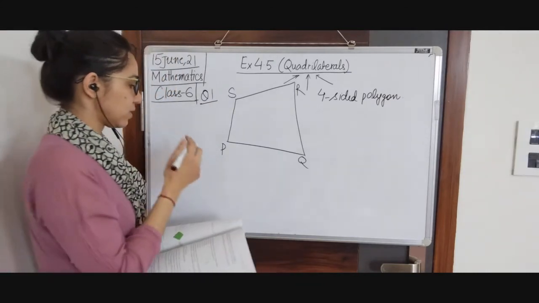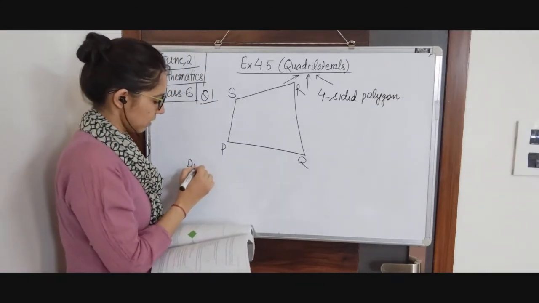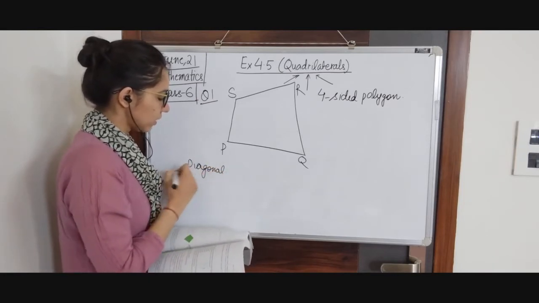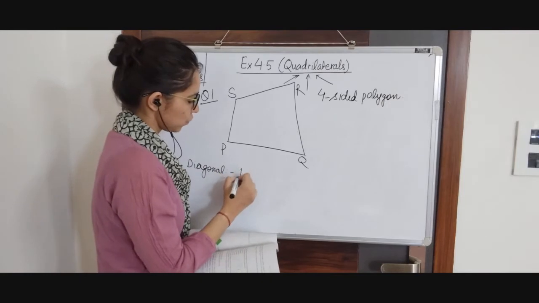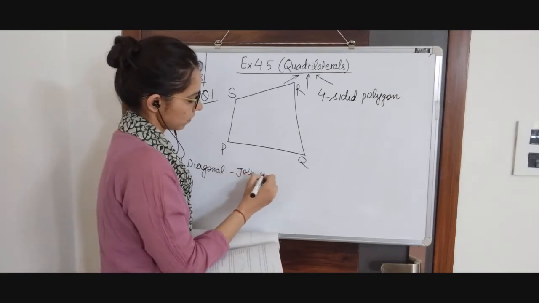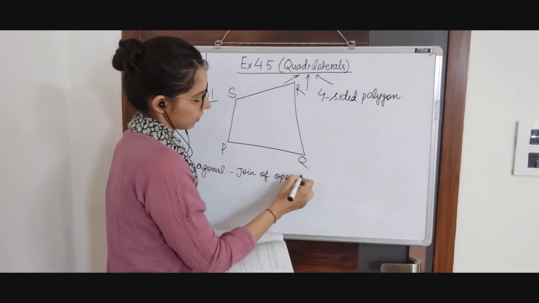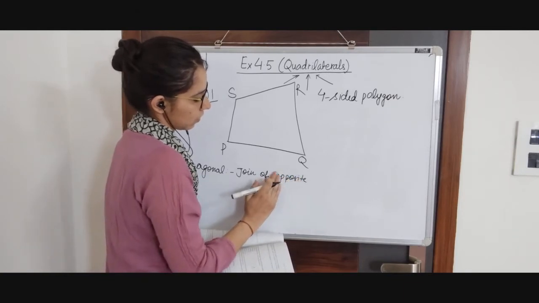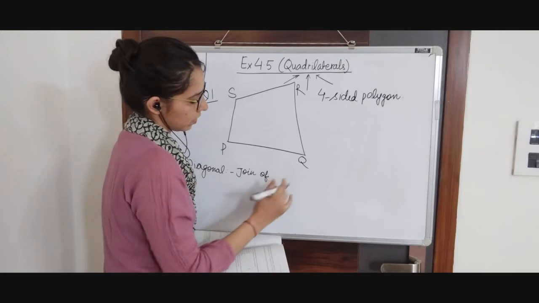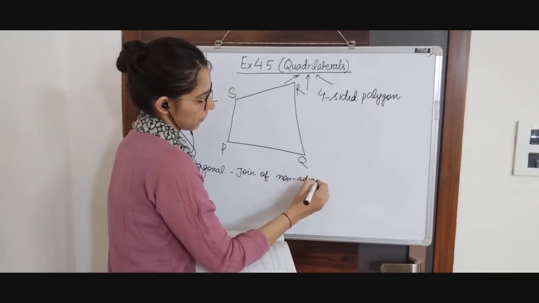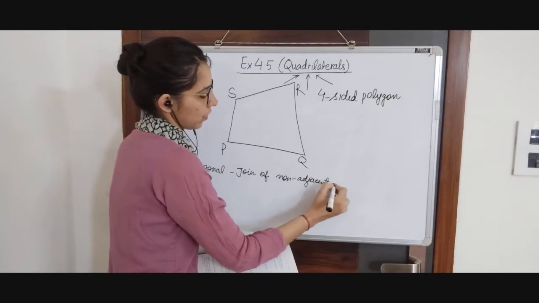Draw its diagonals. As we discussed at the end of previous class, the diagonals are the join of opposite vertices, or rather than opposite, you can say non-adjacent vertices.